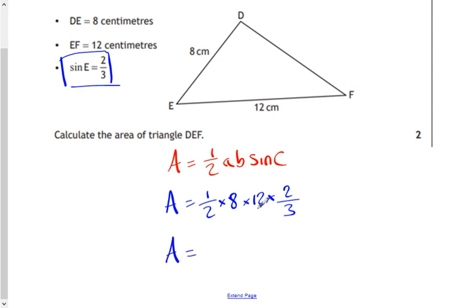So our area then gives us 4 times 12 is 48. 48 times 2/3 is going to be 32. So 48 divided by 3 is 16, times by 2 is 32. And our units here are centimeters squared, since our lengths are in centimeters and it's the area of this triangle.